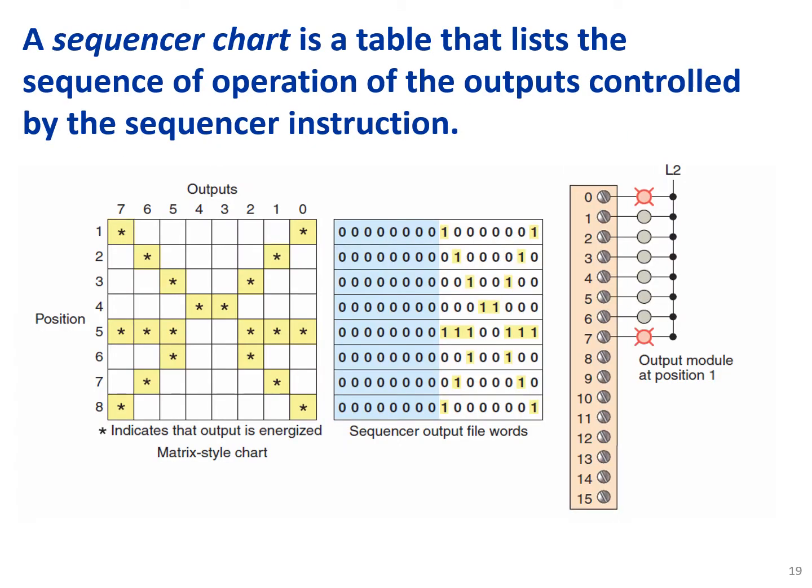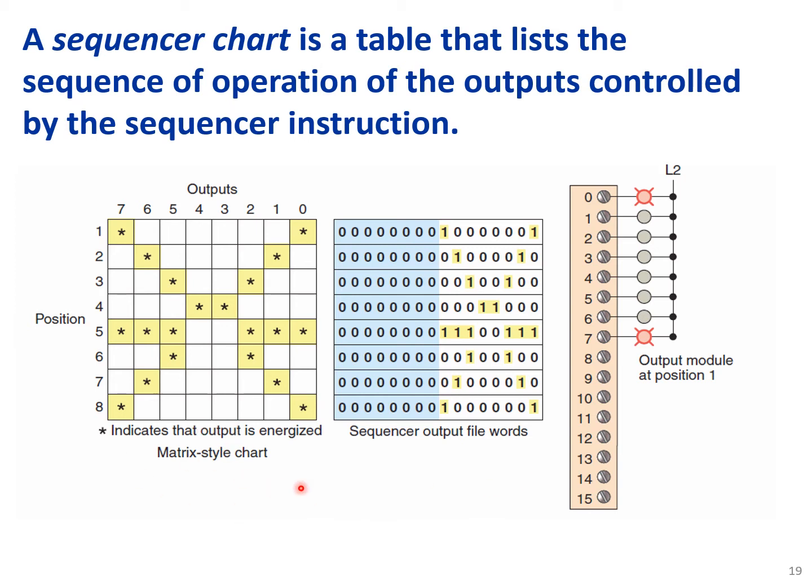A sequencer chart is a table that lists the sequence of operation of the outputs controlled by the sequencer instruction. So I could say it's very similar to the sequence file that we already discussed, just a different style.